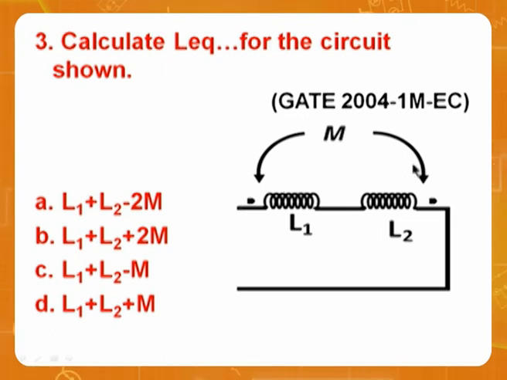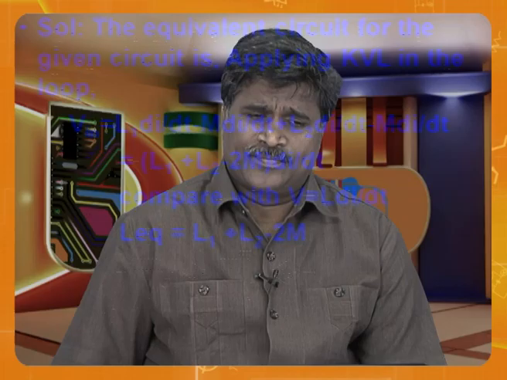When this is L1 and L2, what is the effective equivalent here? That is L1, L2. One is entering, other is leaving. So without further wasting of time, we can simply say L1 plus L2 minus 2M, because it is just like our second problem. But anyway, follow me as I go through the solution.